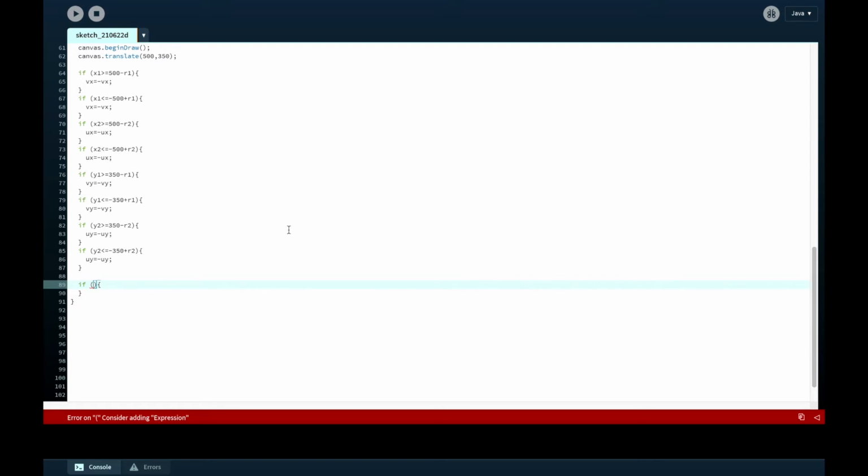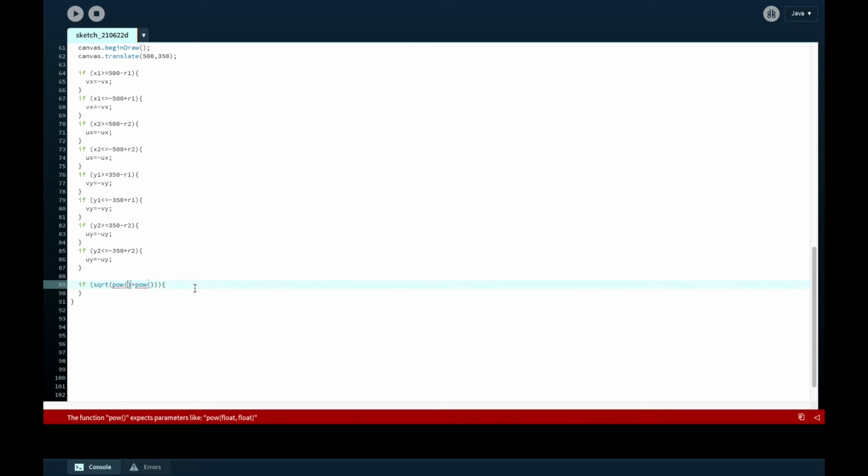And the distance is given by the square root of the distance in x squared plus the distance in y squared, so power of something plus power of something.